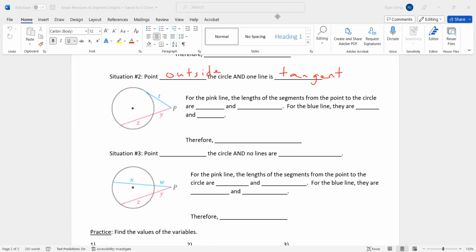So P is the point, it's outside the circle. Again, we're focusing on the point. The lengths of the segments, so from the point to the circle. Well, the first one's easy, that's Y. Second one is the hard part. This is where people get messed up. The distance from the point to the other point on the circle is not Z. Z is the length of the chord. The whole distance there is Y plus Z.